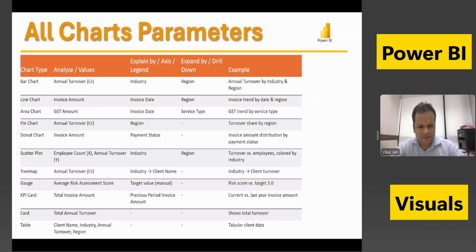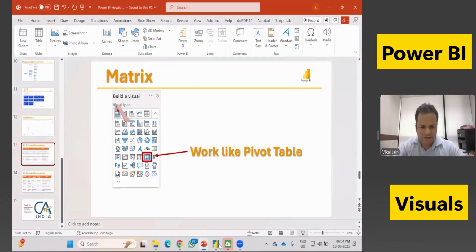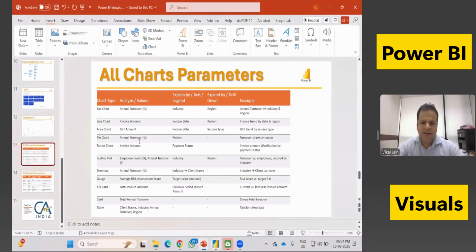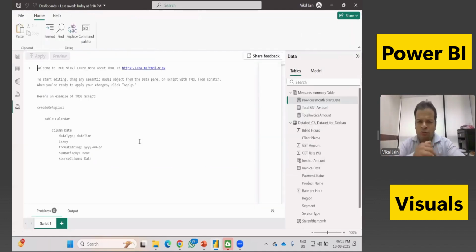And the last is a cheat sheet I have created for all the charts. You will simply put these formulas. And one more thing I can cover is TMDL. In TMDL, let's say you are new to Power BI and you don't know how to create a measure. What you can do is upload all the columns, only the columns, not the data, to any AI model. Then ask the AI to give you a measure, like total GST amount or total taxable amount.